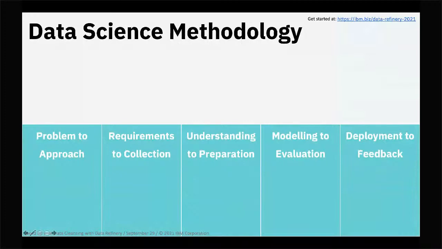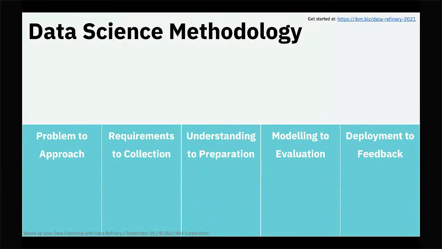So we have 5 steps, which are problem to approach, requirements to collection, understanding to preparation, modeling to evaluation, and deployment to feedback. Now, I know this might be a little bit cryptic for those of you who are new to data science, but don't worry. In the coming slides we'll go into each of these methods one by one and explain to you what these are.